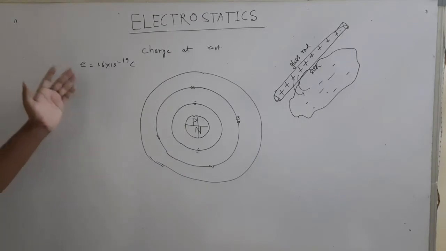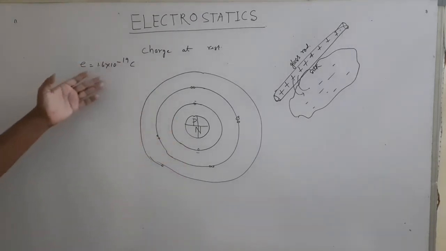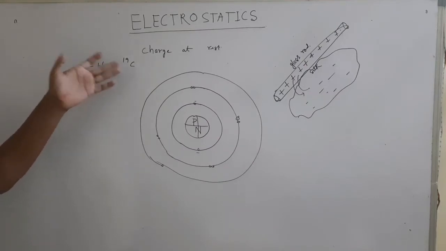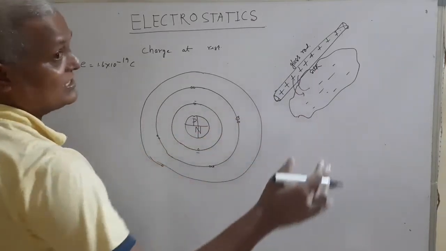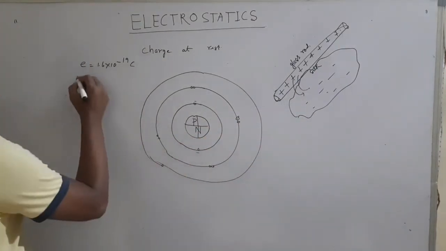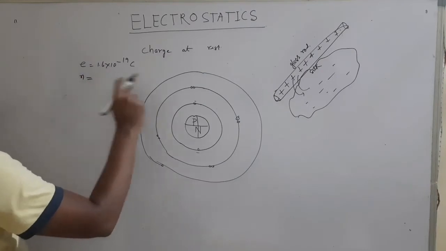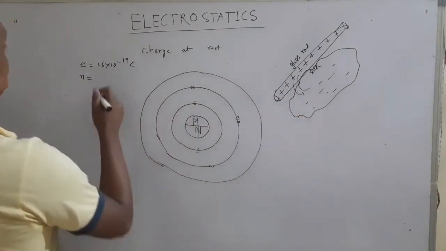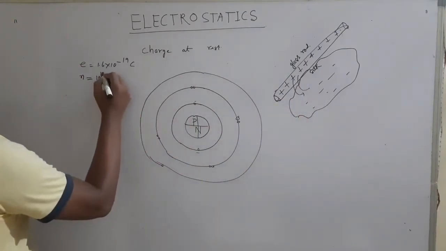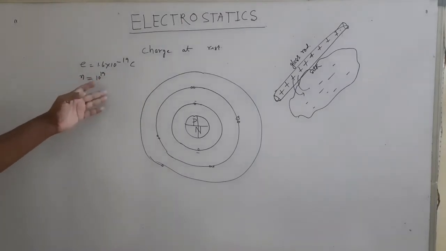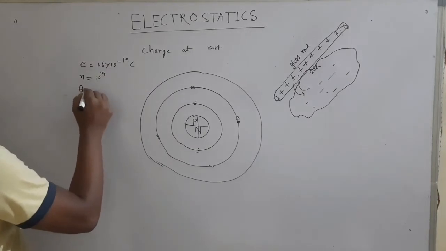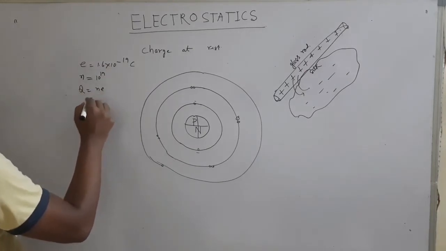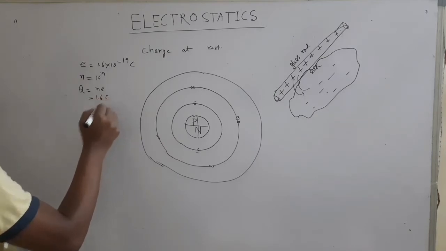It means that when one electron is transferred, it forms a charge of magnitude 1.6 × 10^-19 coulomb. Suppose in this process the number of electrons transferred from the glass rod to the silk is 10^19. I am taking 10^19 so that it neutralizes this. So the charge Q = Ne, that is 1.6 coulomb.